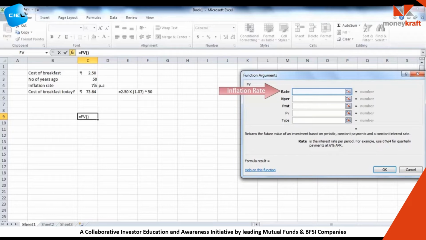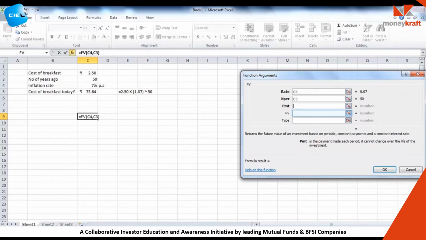Enter the inflation rate here. Against NPER, enter the number of years over which the compounding has to be done. The next parameter, PMT, is to be skipped for this calculation.